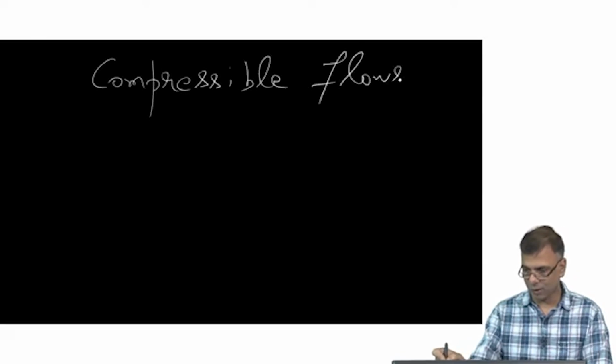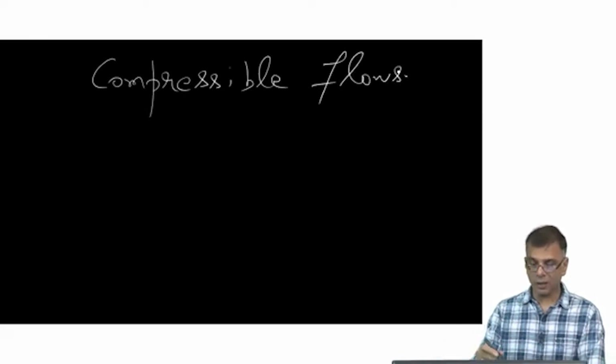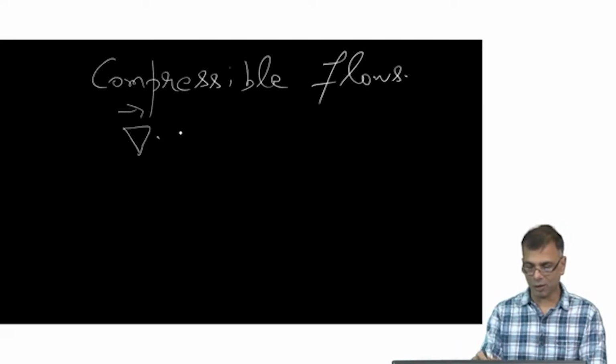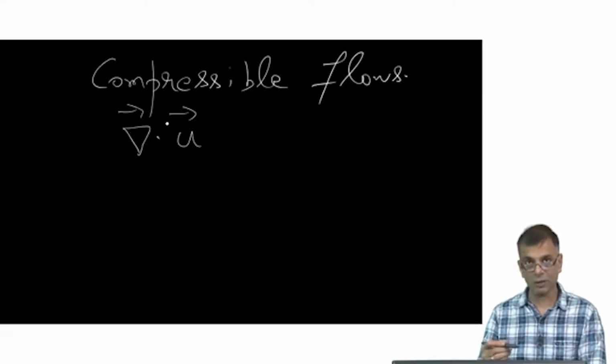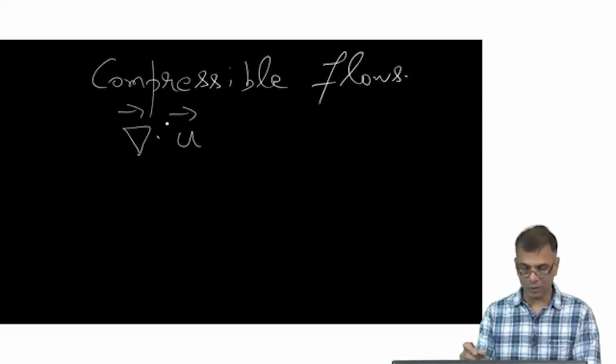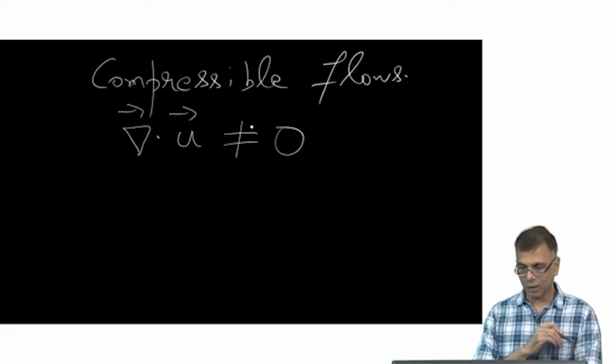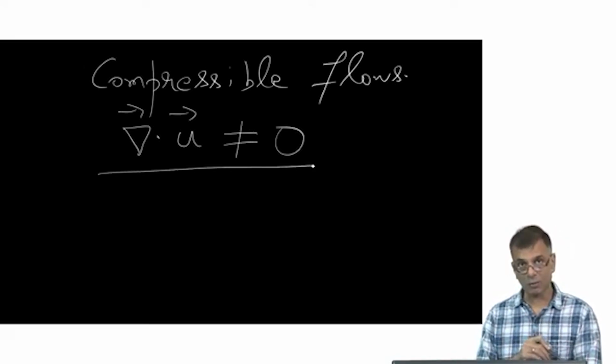The generally accepted condition of incompressibility, where the divergence of the velocity was taken to be equal to 0, is no longer true. So this can be taken as one thing about compressible flows.